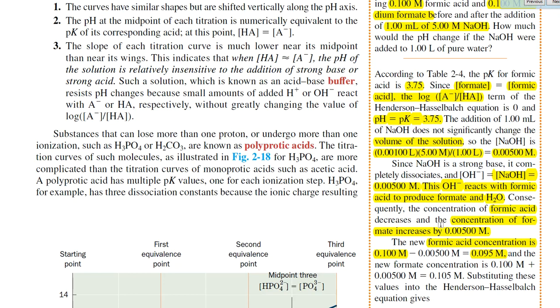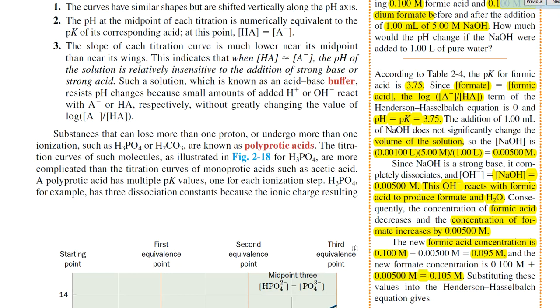The number of formate ions will be the same, again 0.005. So 0.005 formate molecules will be added to the initial concentration of formate. So we have subtracted 0.005 from formic acid and added 0.005 to the formate.